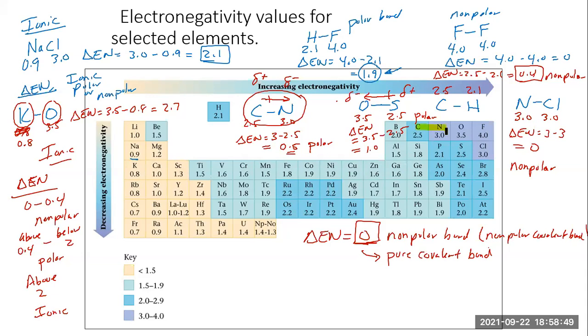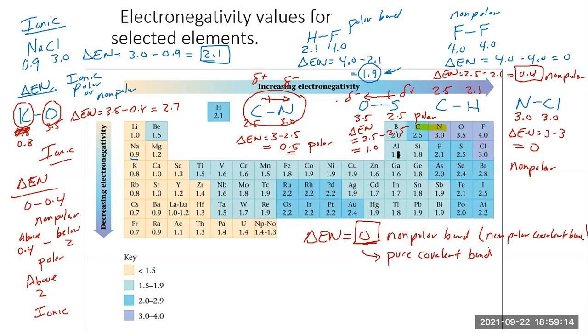And we see that nitrogen is further to the right than carbon. Because they're in the same period, we know it's going to be unequal sharing of electrons. We know nitrogen is going to be more electronegative than carbon because, again, as it goes up and to the right, it increases.